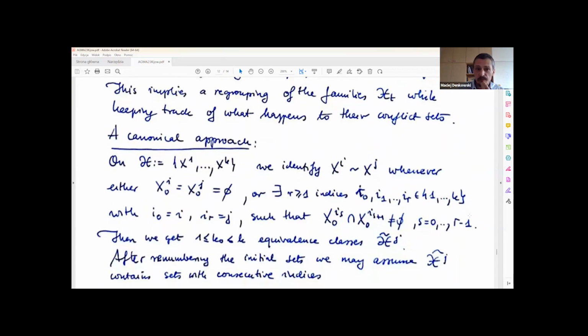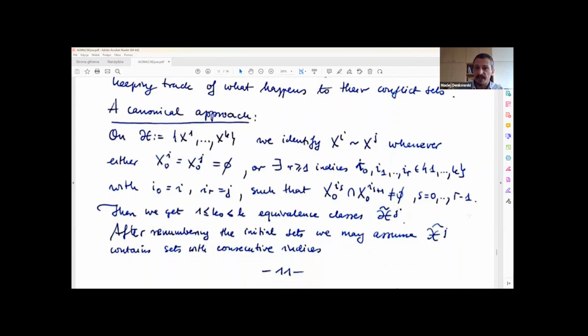A canonical approach to do this is the following: we identify those sets xi and xj for which either the limit is empty or overlaps, but in a specific way. You see, the two limits may not overlap, but we can join them by consecutively overlapping limits. Okay, that's the idea.